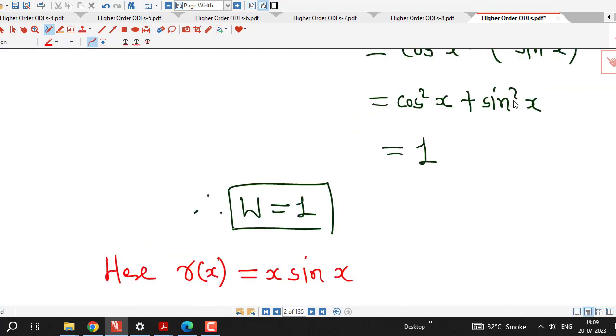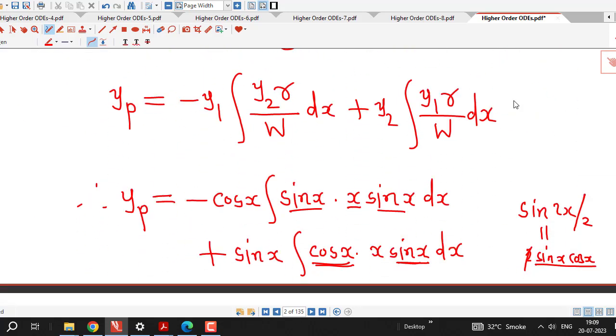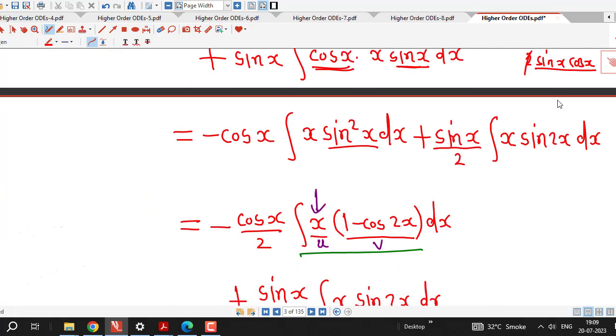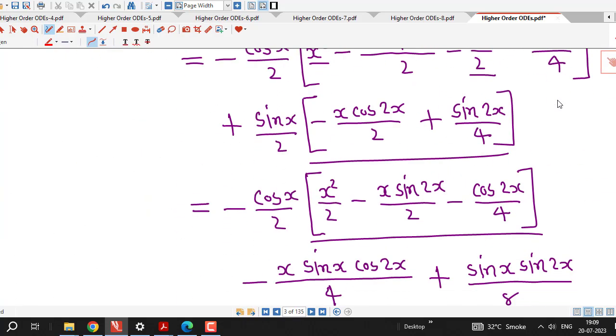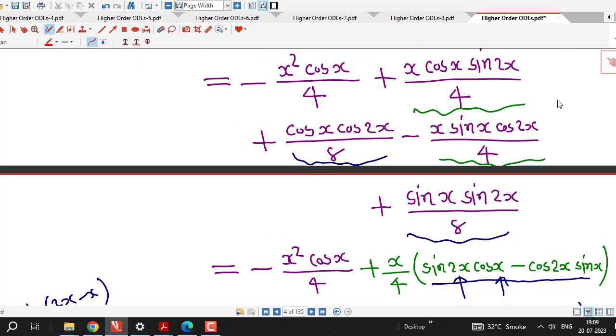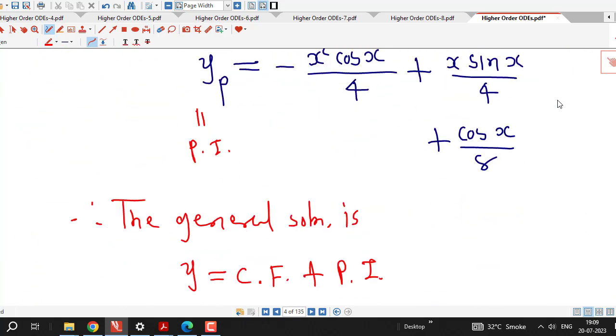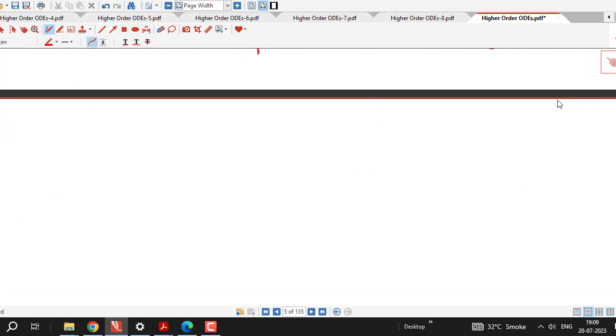And once we have all these things, we substitute them in the formula, and after this step this becomes a problem of integration. So you must be good at doing integrals. So in this way we can easily answer this type of questions, and this is asked for 7 marks.